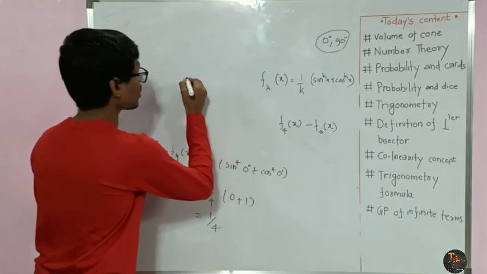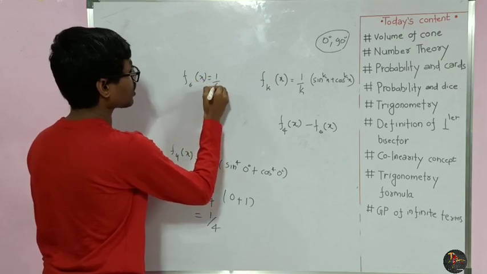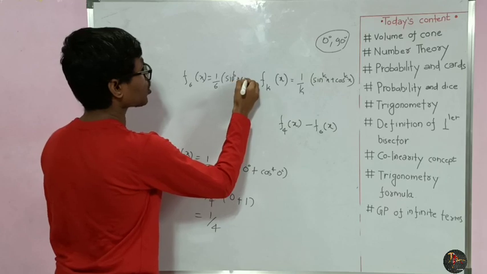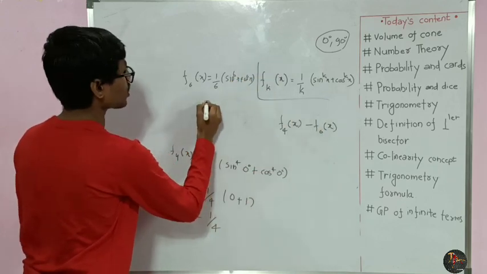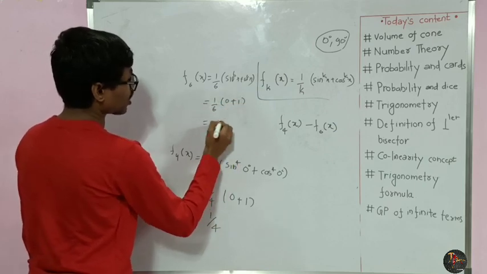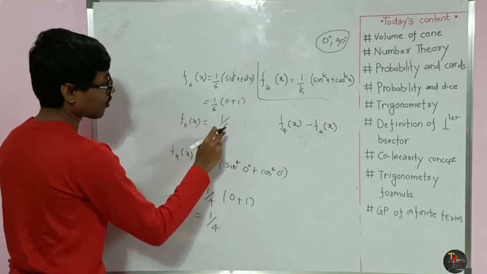Similarly, if I calculate f of 6, f6 of x is equals to 1 by 6 times of sin power 6x plus cos power 6x. 1 by 6 times of, again 0 plus 1, again 1 by 6. f6 of x will be 1 by 6.